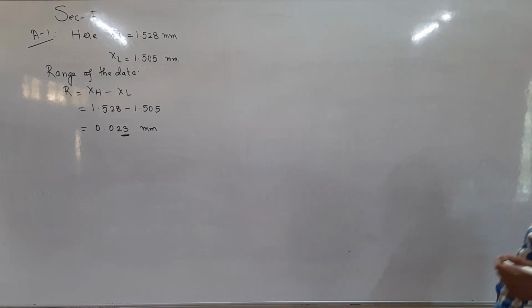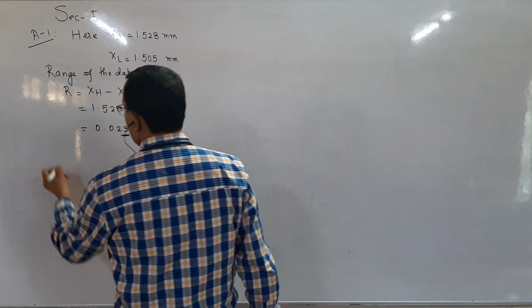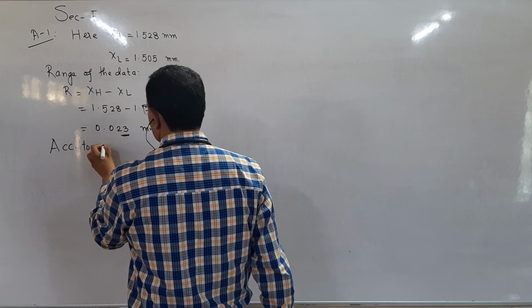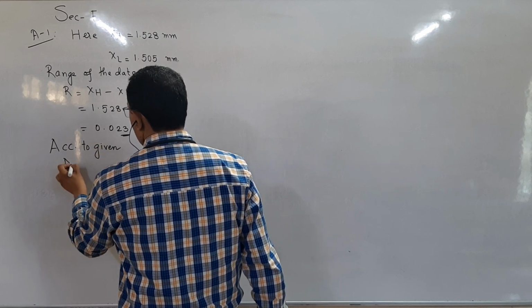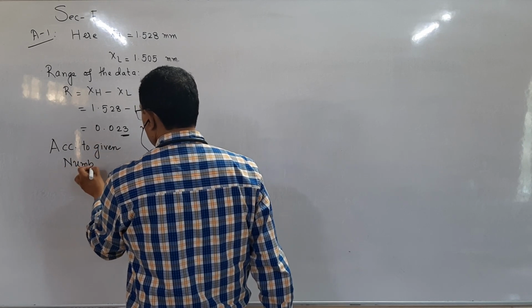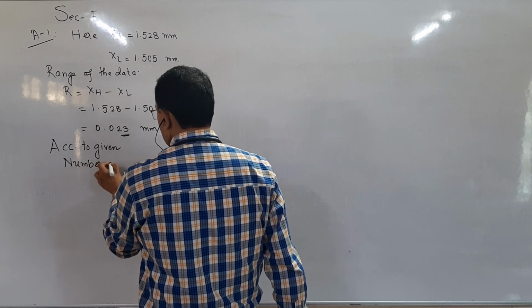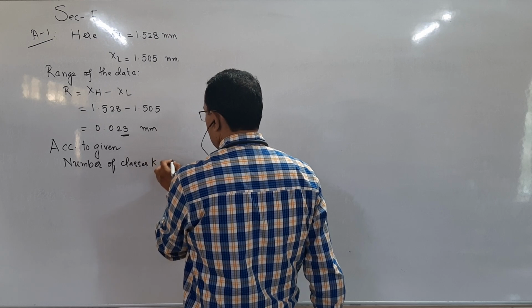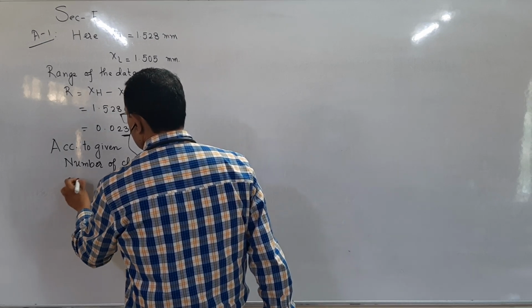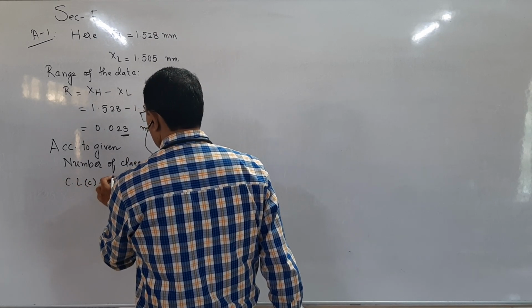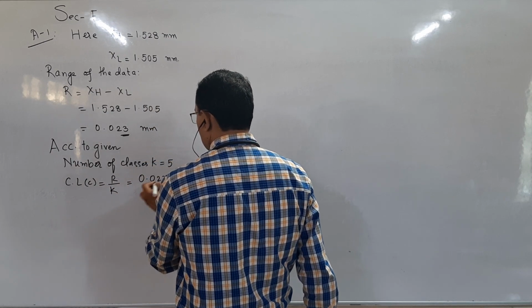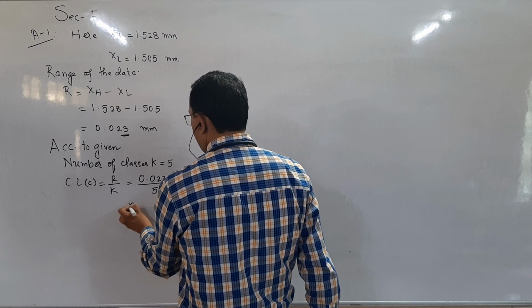Now we have to keep 5 classes according to the given number of classes, K is equal to 5. So class length C is equal to range divided by number of classes, 0.023 divided by 5.